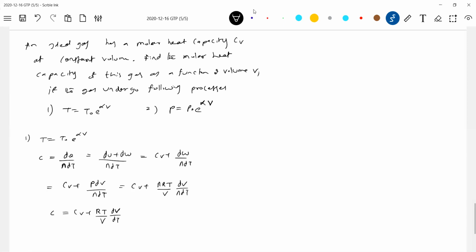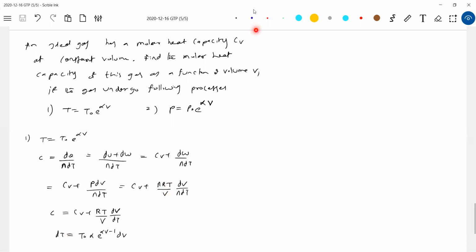So I have T equal to T naught e to the power of alpha V. Let me differentiate this. dT is equal to T naught alpha e to the power of alpha V minus 1 dV. Agreed, all of you? Differentiating this equation, T naught, alpha, e to the power of alpha V into dV. So I got dV. Let me substitute all the things.